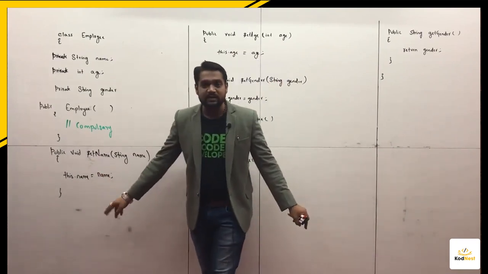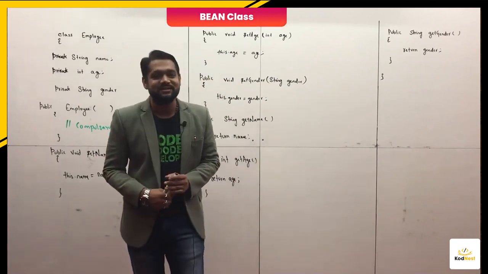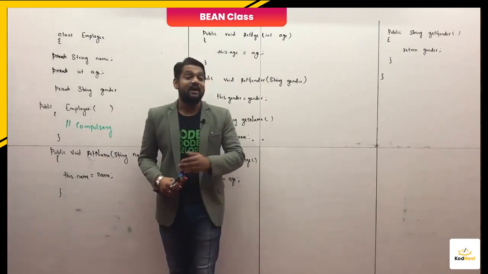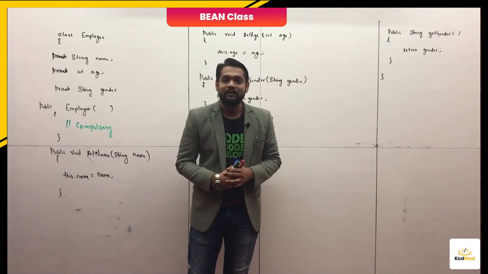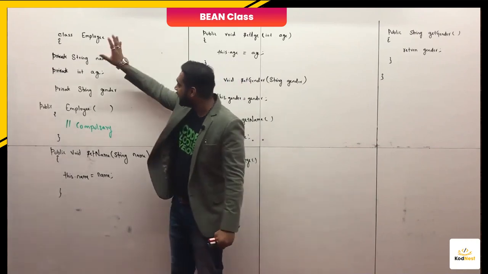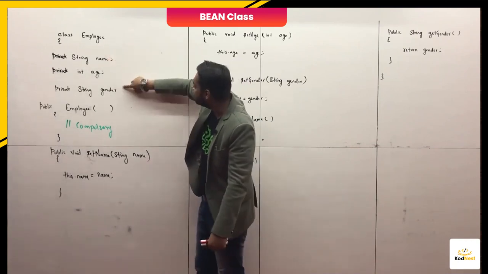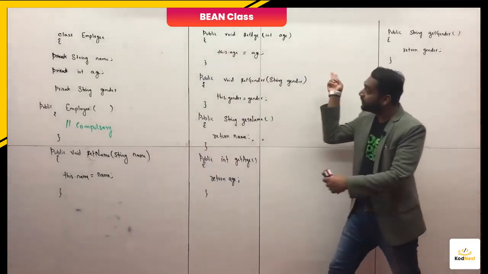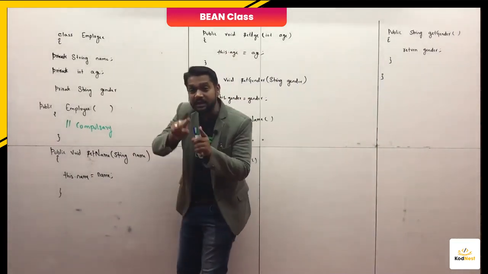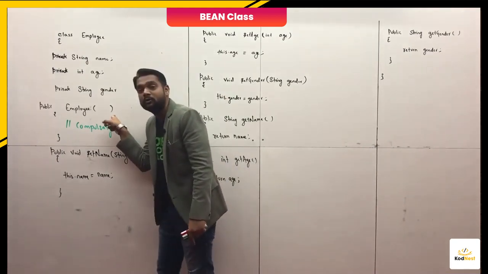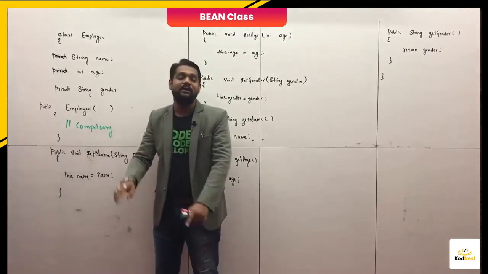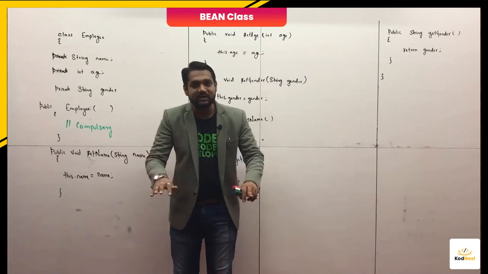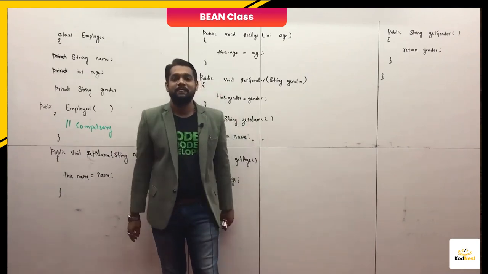Now whatever you are seeing here, this is a bean class. Java bean class. So a Java bean is a Java class which has private members and public setters and getters for those private members, including a no argument constructor or zero parameterized constructor. This only is a bean class.